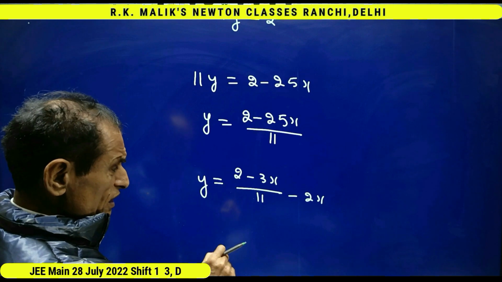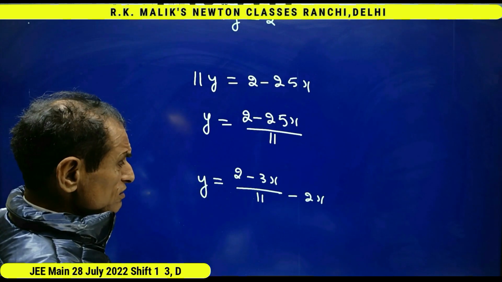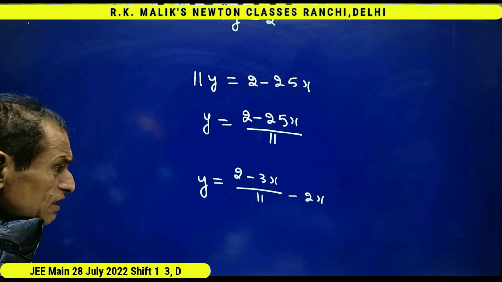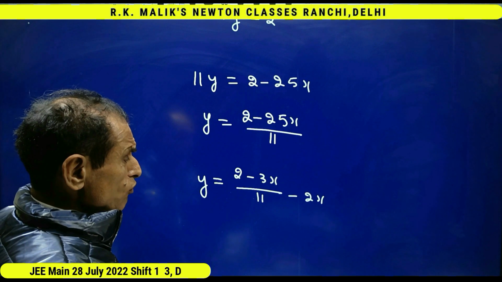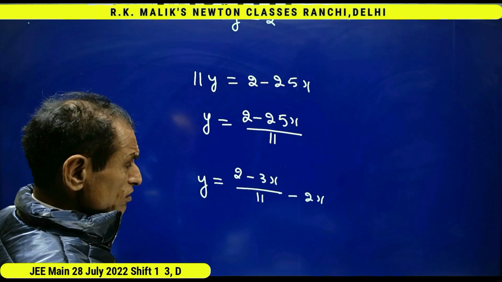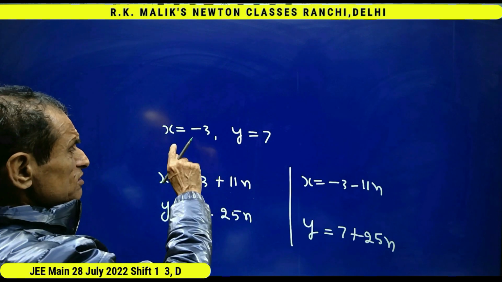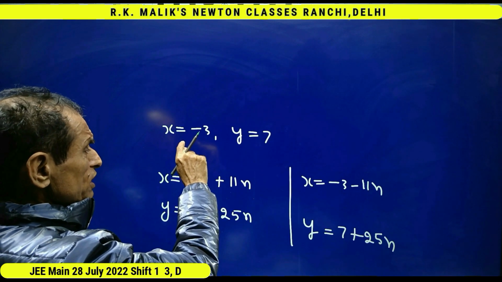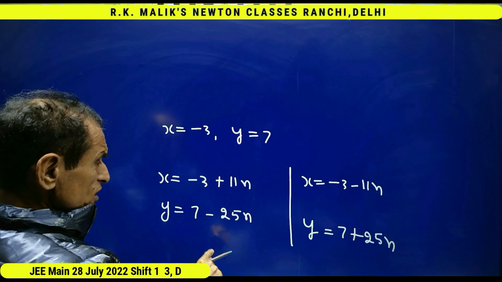And as I told previously also, even in the middle of the procedure, if you are able to find integral values of x and y satisfying this, you can immediately stop there. Because you have got integral values of x and y satisfying this, as I told you, if even one solution is known to you, you can find the general solution in this way.